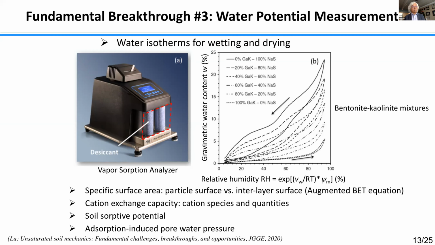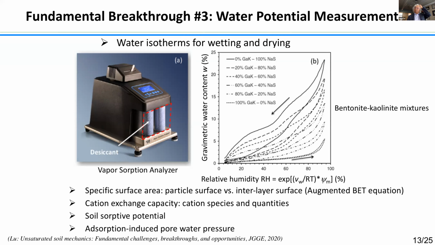For non-swelling soil like the kaolinite, you only have predominantly the external particle surface adsorption. For the expansive soil, you have both. And in fact, the interlaminar one could be more important, depending on the cation exchange capacity. We can also quantify that from this isotherm. And we can quantify soil swelling potential.